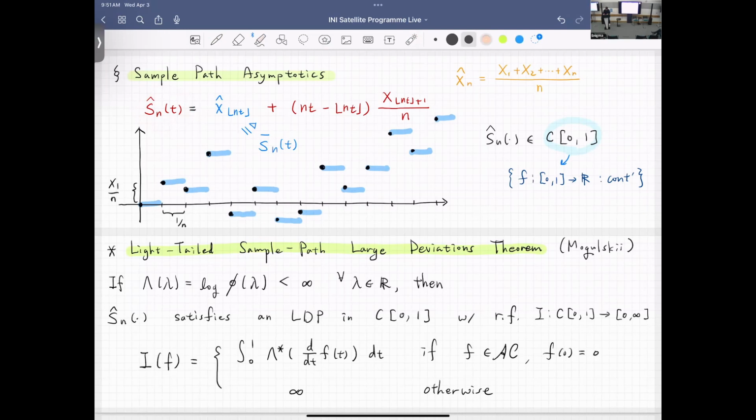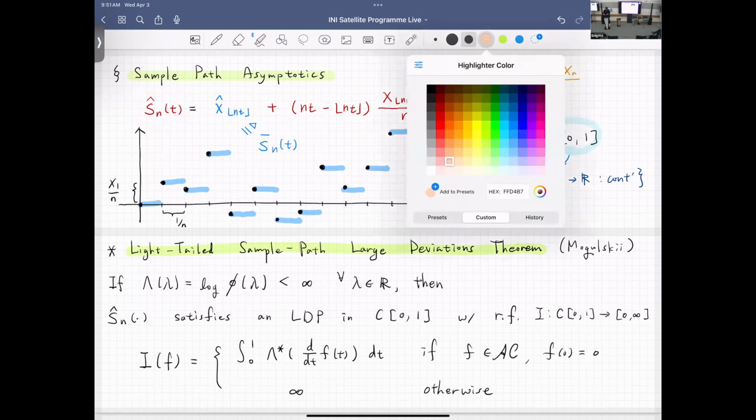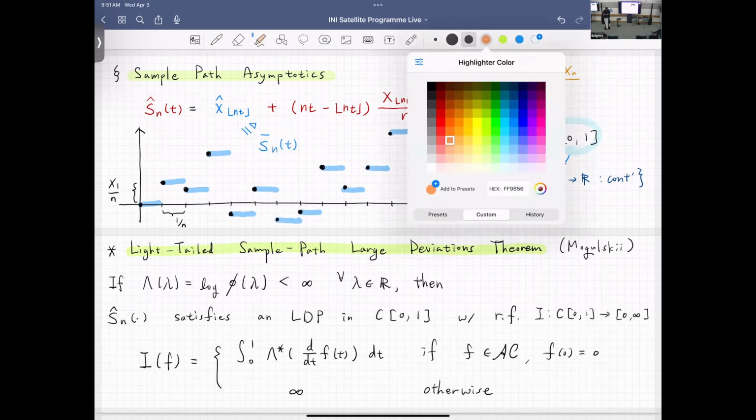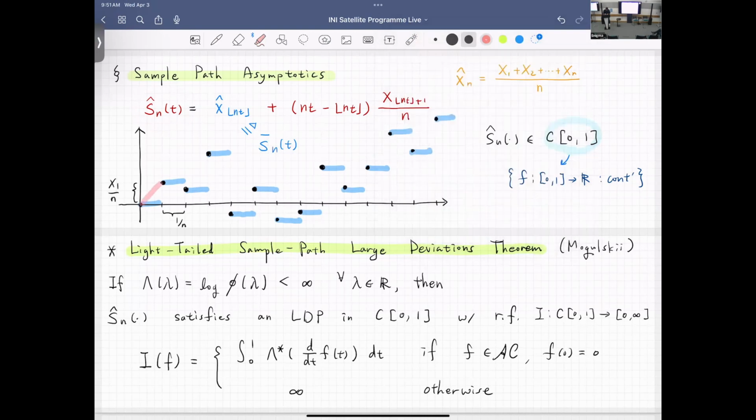If you look at this one, it lives in the space of continuous functions.